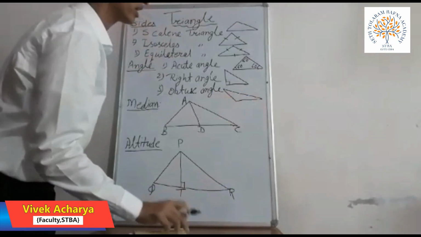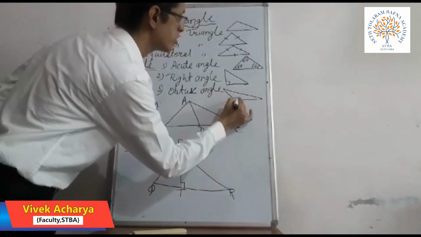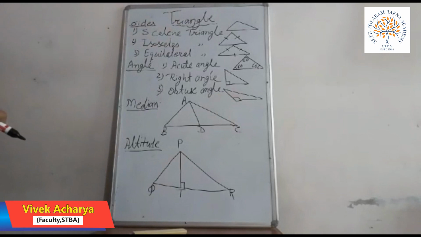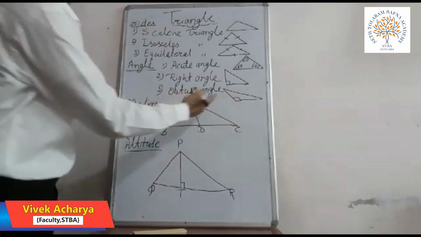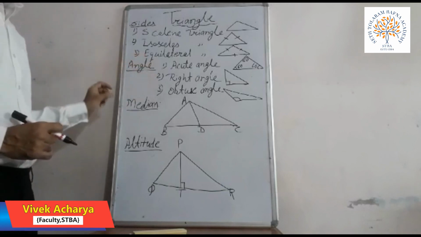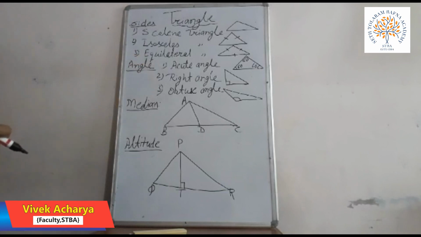So in this figure, children, as you can see, this is more than 90 degree angle. Only one angle, children, not more than one angle. Only one angle is more than 90 degree, then it is a obtuse angle triangle. So these are three types according to the angle.